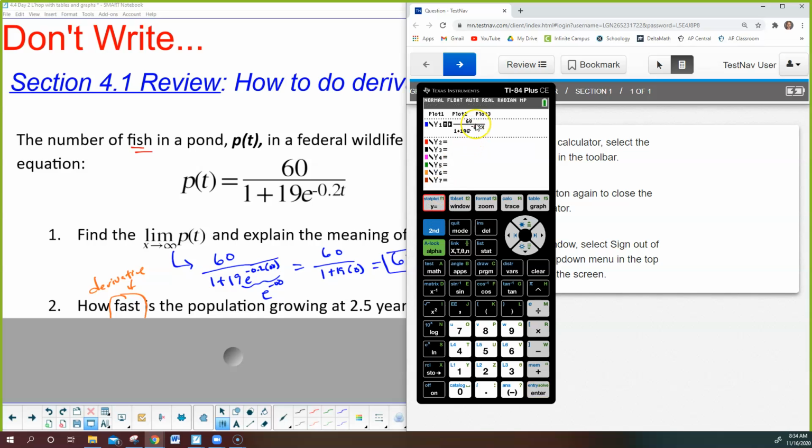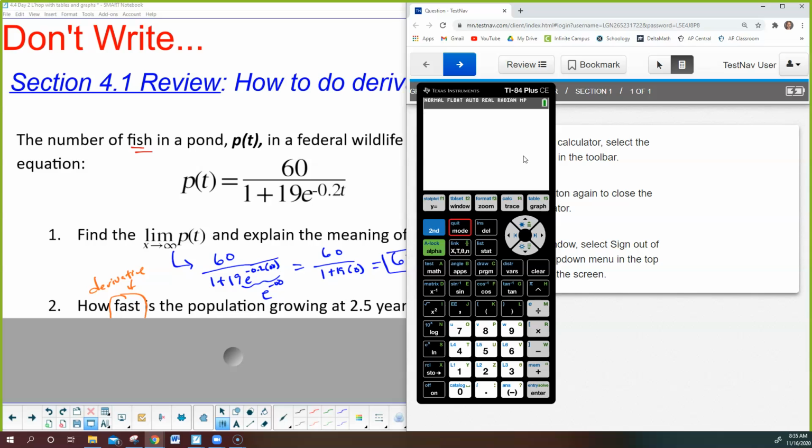Go to y equals, and I want you to note what is in here is y1. Right? I'm going to show you a way that could be very quick. If you have this function typed into your equation, then you don't have to type it again. We can always refer back to it as y1. And then go to a blank screen right now. So go second quit, which is the mode function, and you're just at a blank screen.